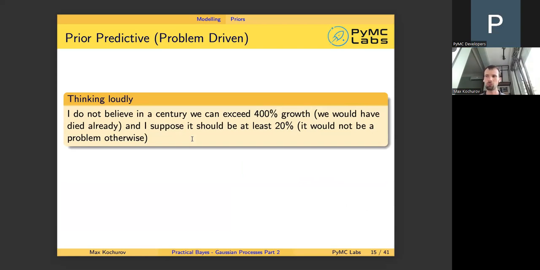And if we make some guess on at least the maximum allowed growth throughout the century, then we can put some constraints on the growth prior. And this will help dramatically to constrain the model to work in areas that make sense.